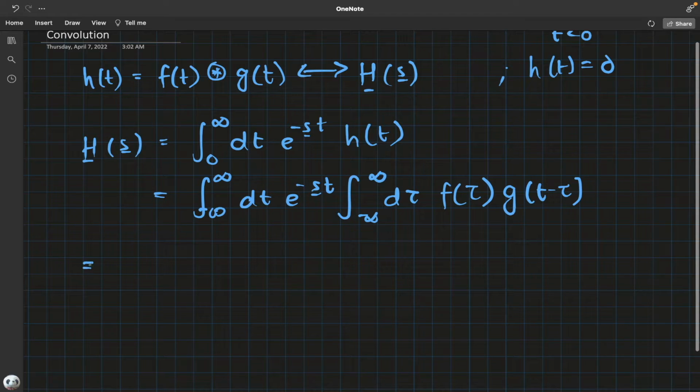Now, what I want to do is substitute for each of these guys, for f and g.